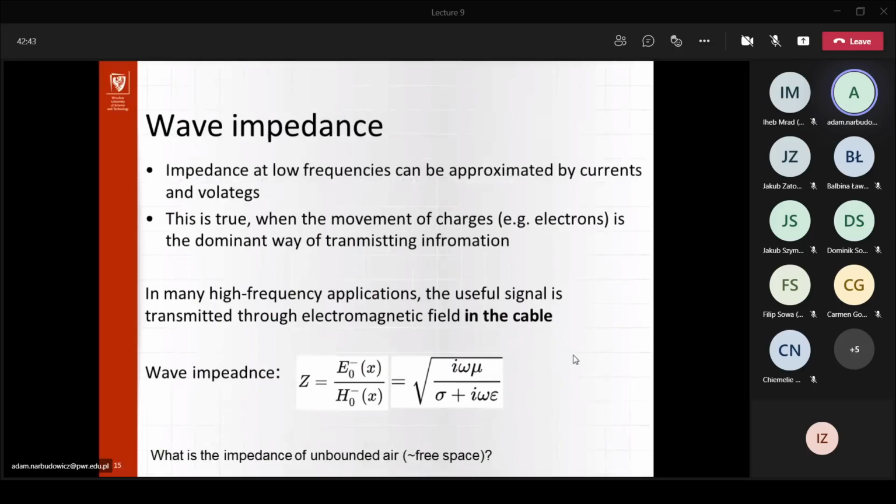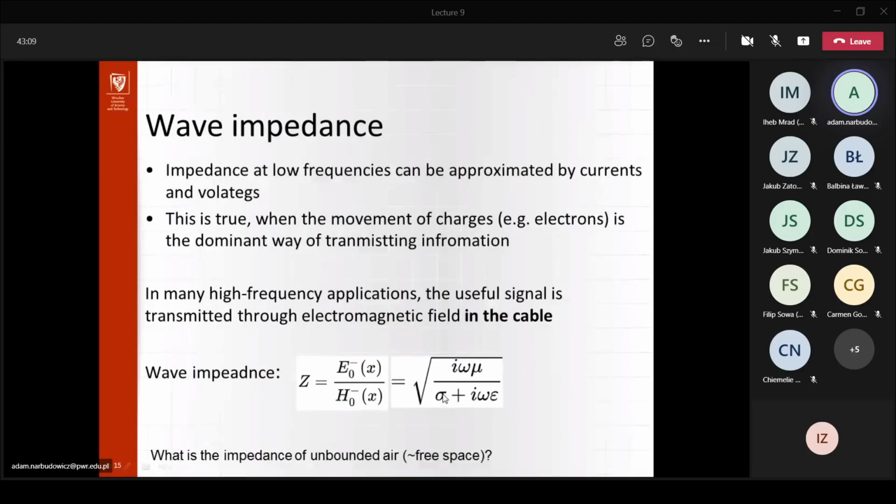If you think about the radio signal that is propagating through free space to your mobile or whatever, that signal will also have a certain impedance, which, as you might imagine, will simply be dictated by the square root of the permeability of vacuum divided by the permittivity of vacuum.